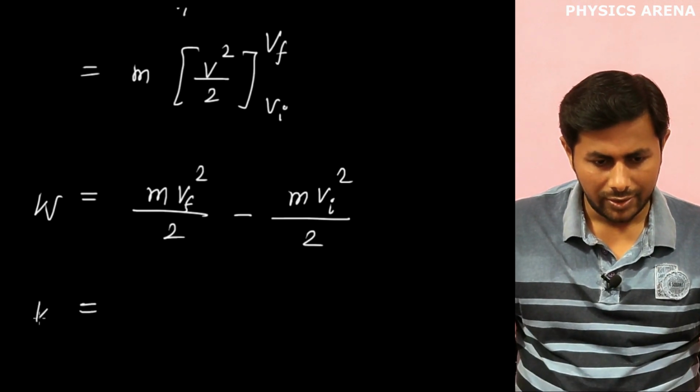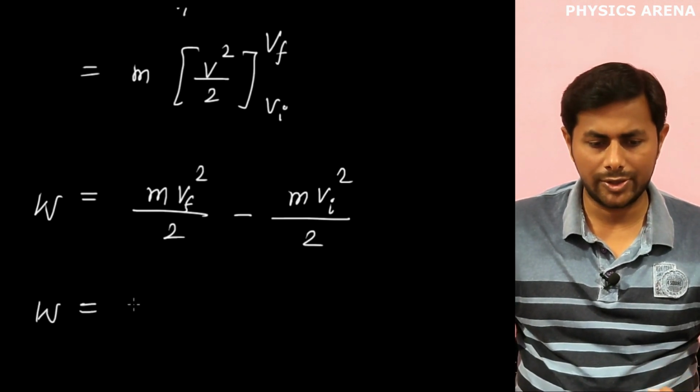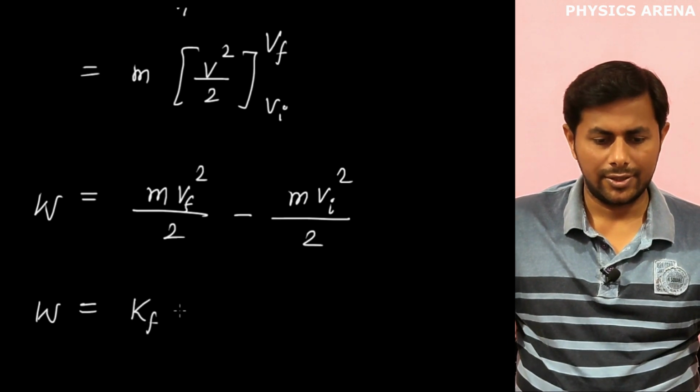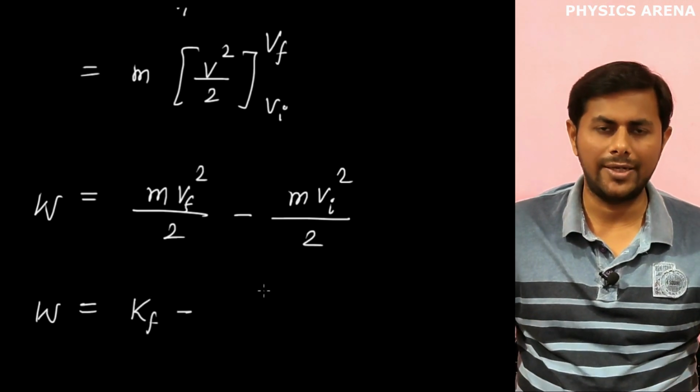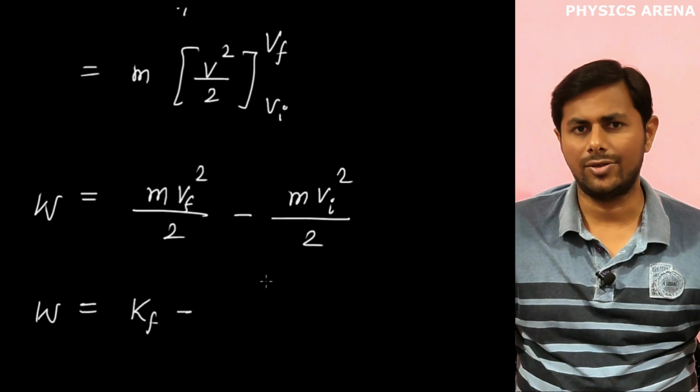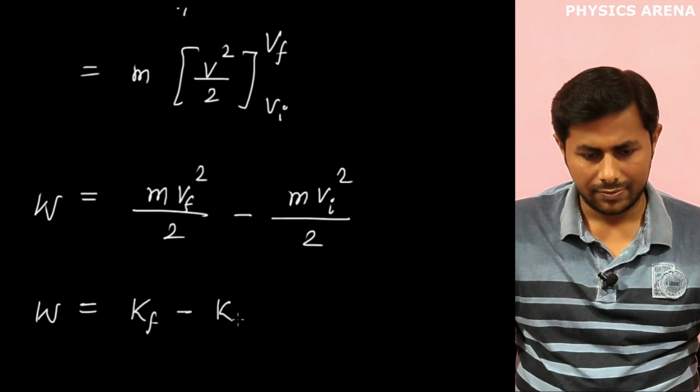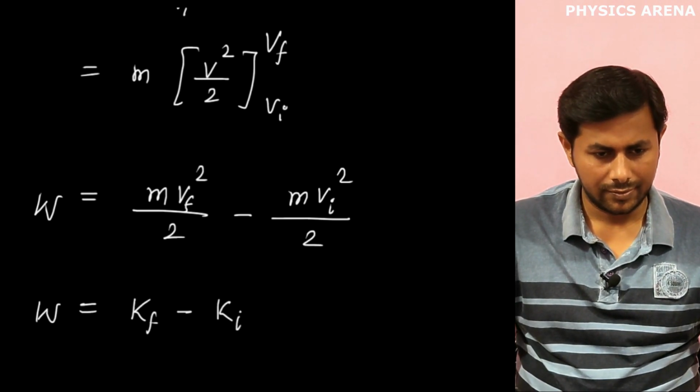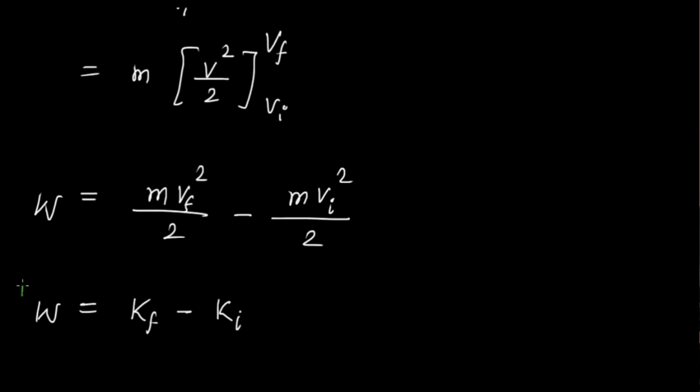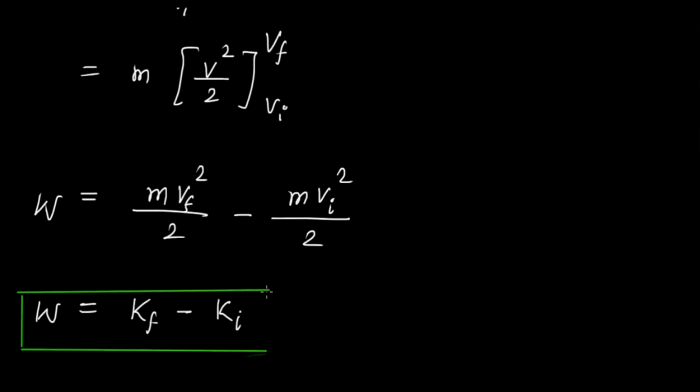So we have work done for a variable force too as the difference between final and initial kinetic energy of the object. Okay. So work energy theorem for the constant force also holds true for the variable force.